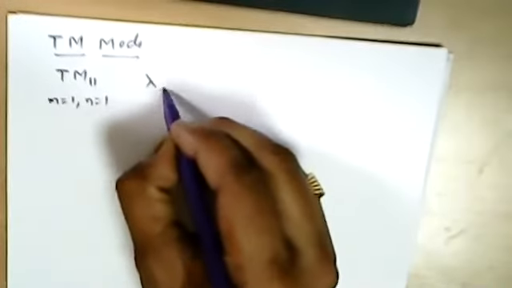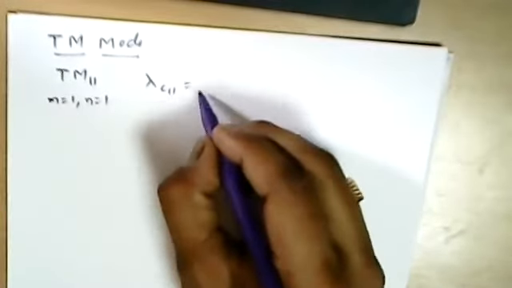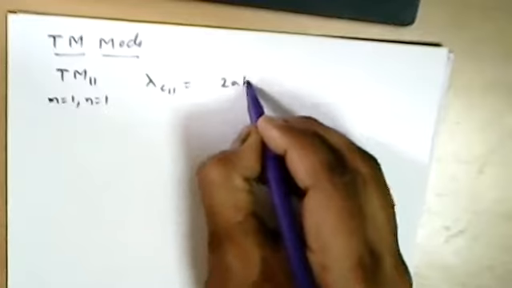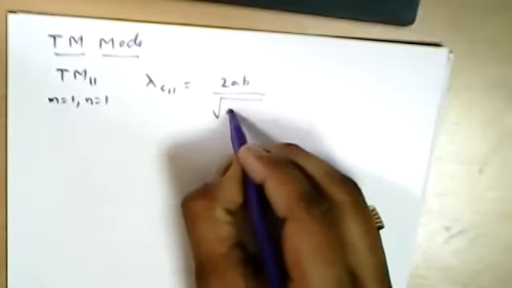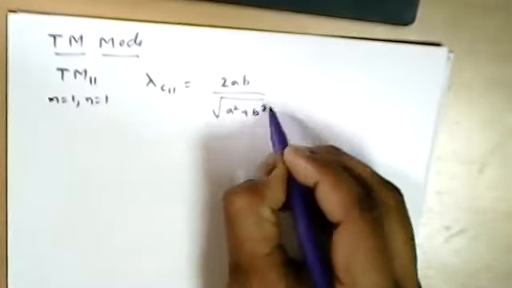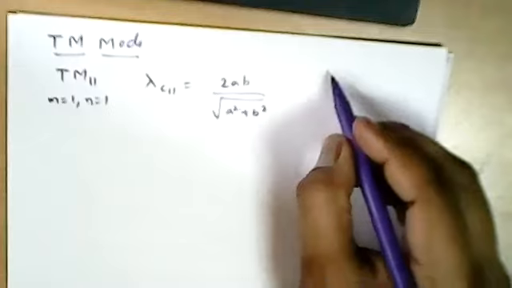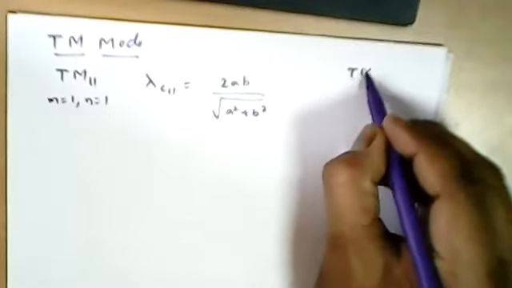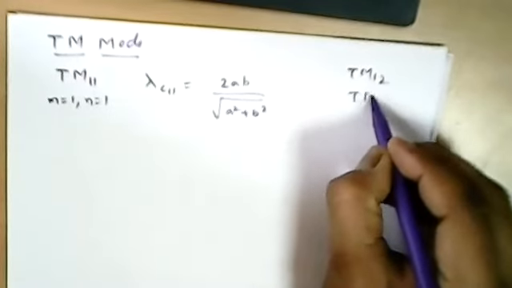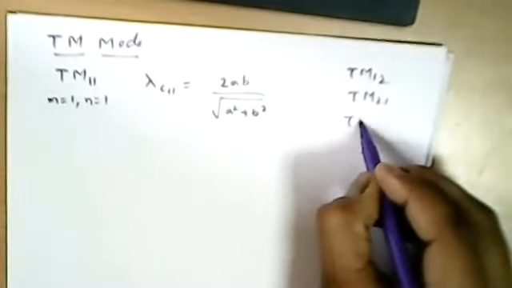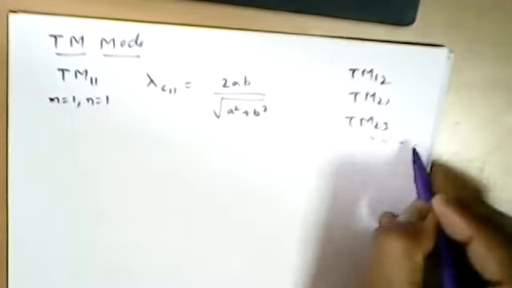We get the same value as we saw earlier, which is equal to 2ab by root of a square plus b square. After this, other modes that are possible are TM12, TM21, TM23, and so on.